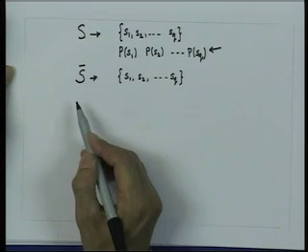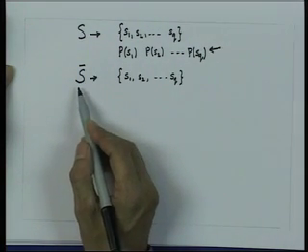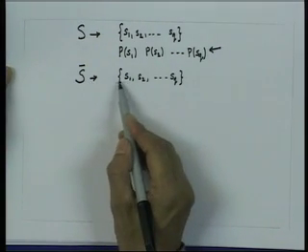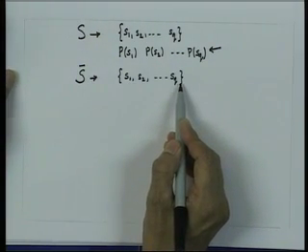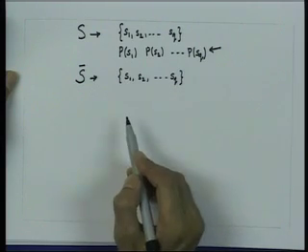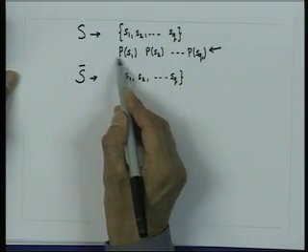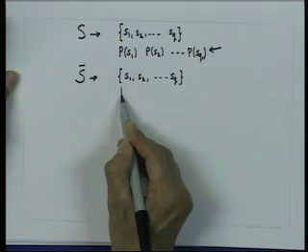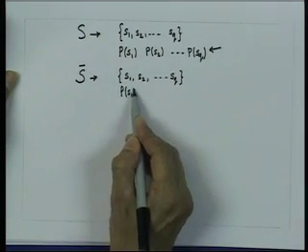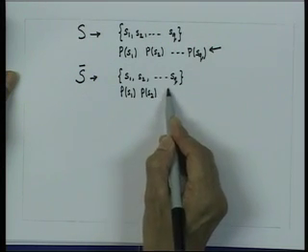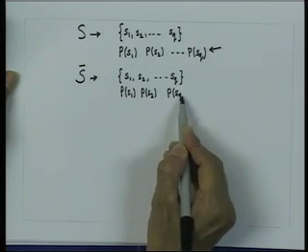So, if it is a zero memory source, then it has got only unconditional probabilities, and let me assume that the unconditional probabilities for this source are identical to the ones we have for the source S. They are given by P of S1, P of S2, P of SQ.